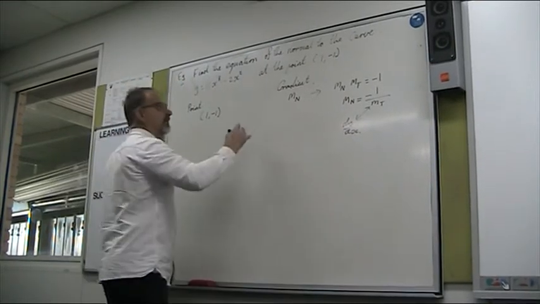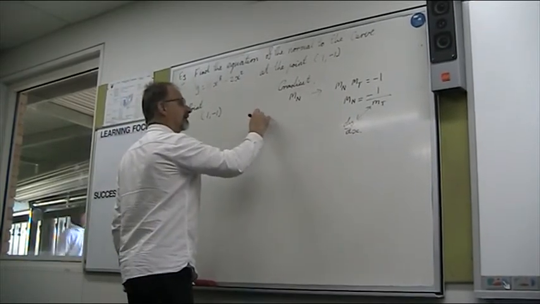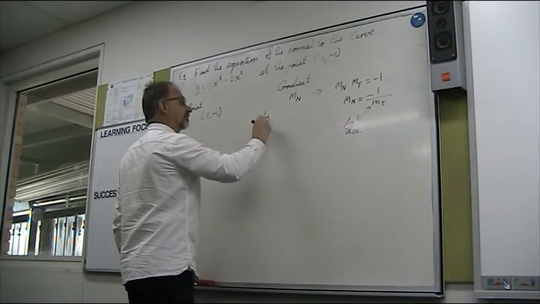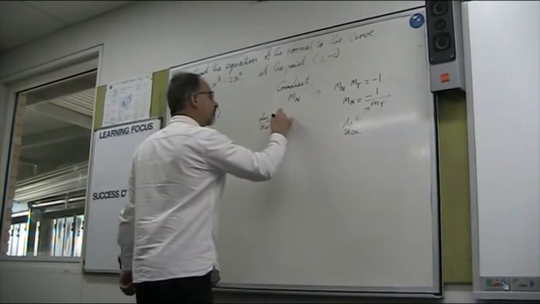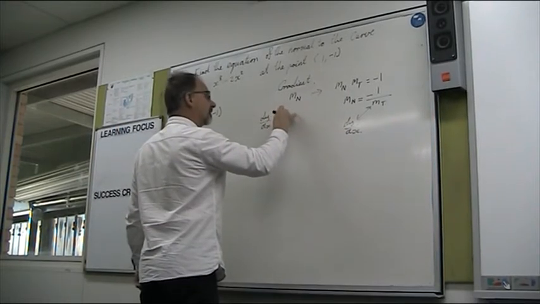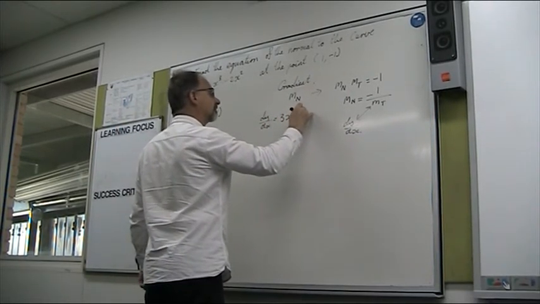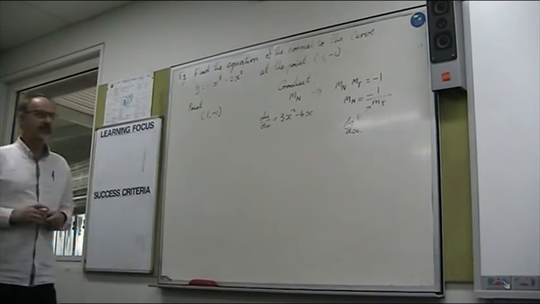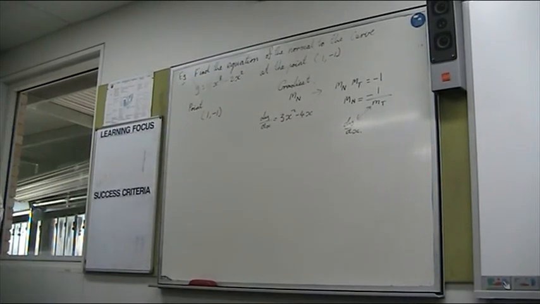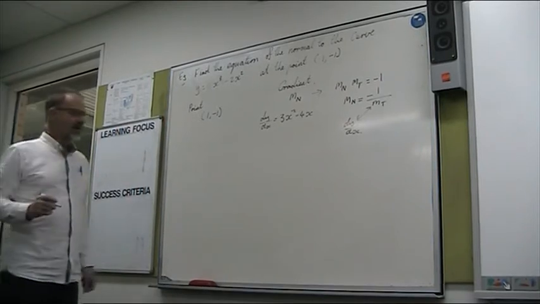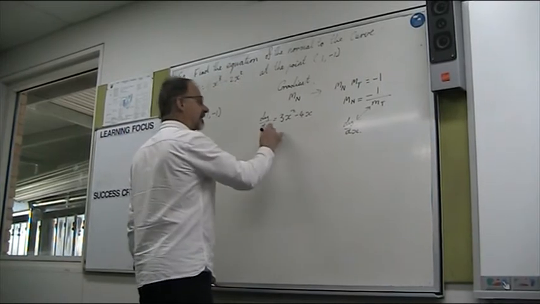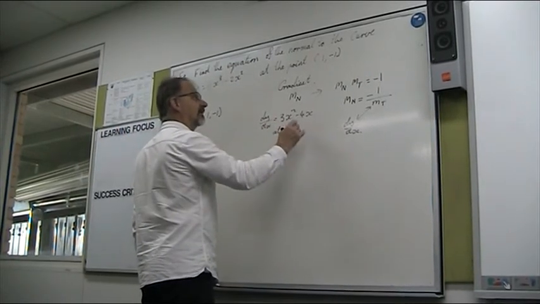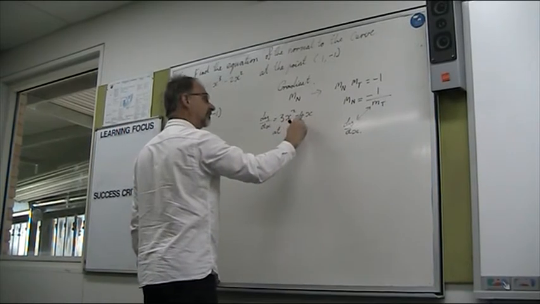Alright, so dy dx is 3x squared minus 4x, I think. Am I right there? Now, a particular point we're interested in is when x is 1.